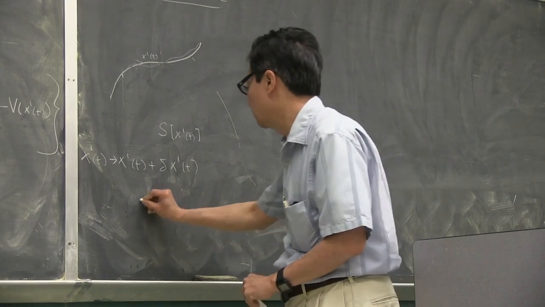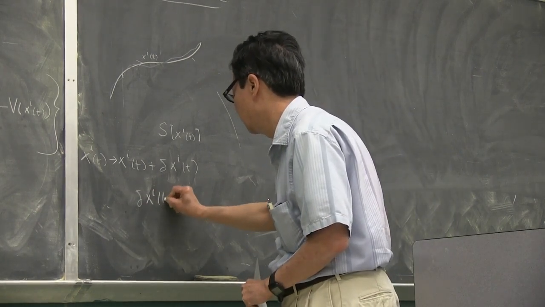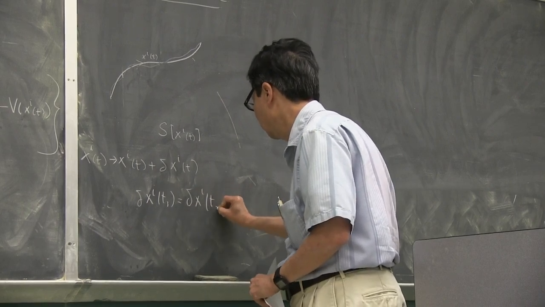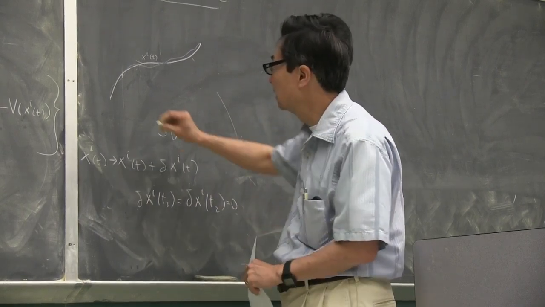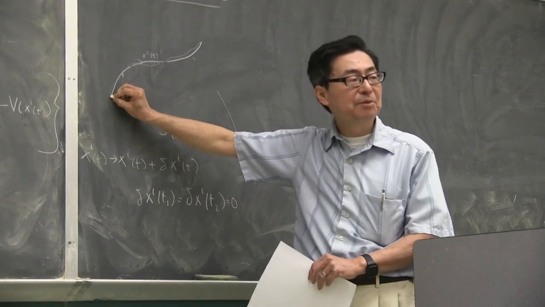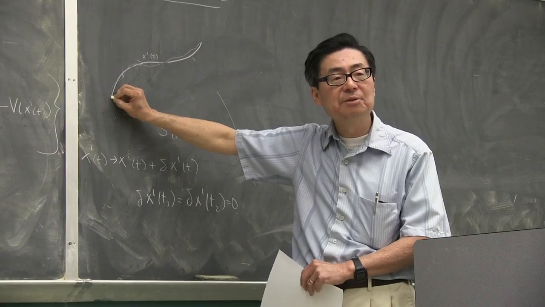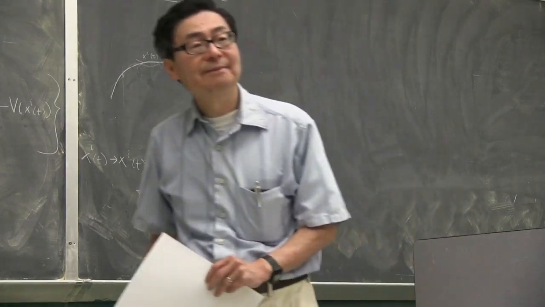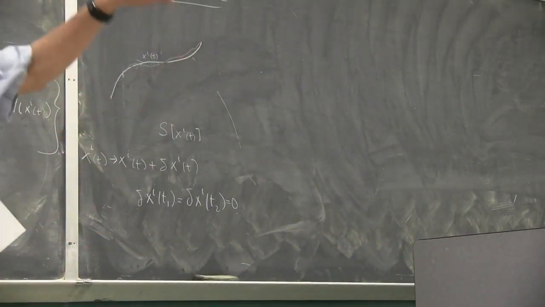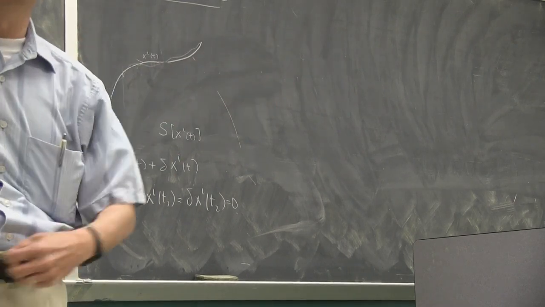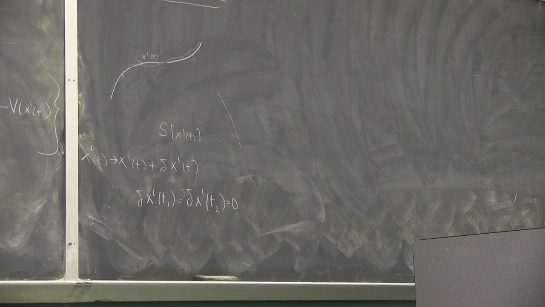So I would need to have delta xi at t1 and delta xi at t2 both have to be equal to 0, right? Because if both paths start and end at the same point, then the variation is required to be 0 for both ends. Okay? Everywhere else it's not required to be 0. But at the beginning and at the end, it's required to be 0. Okay? I'm going to vary the path under this particular condition.